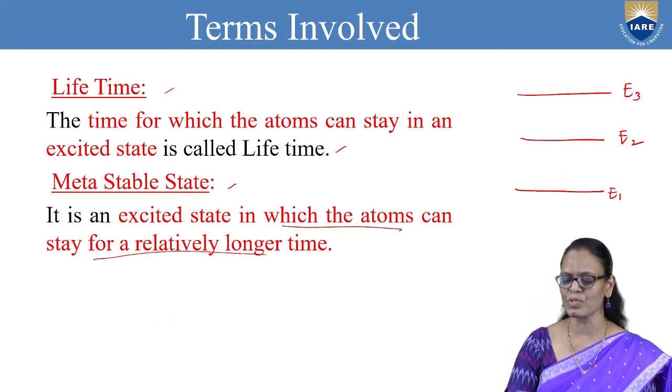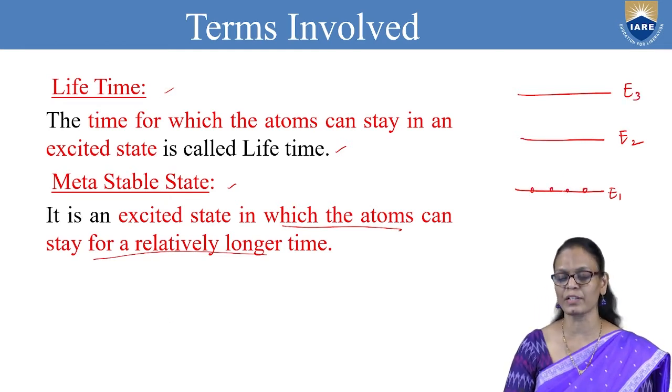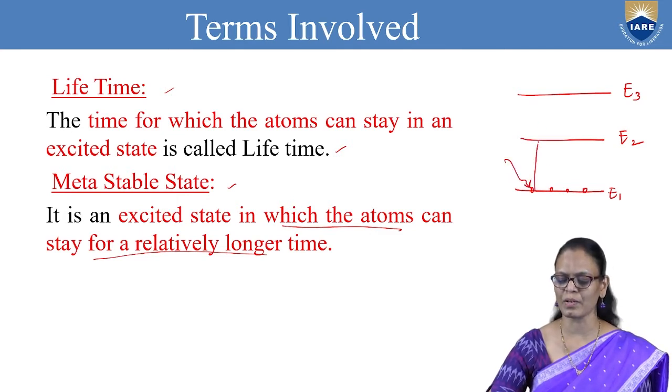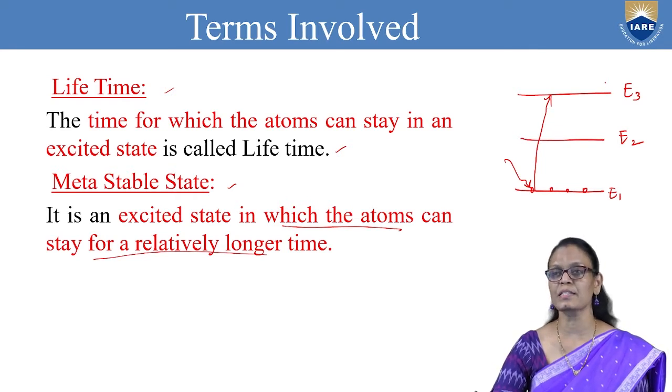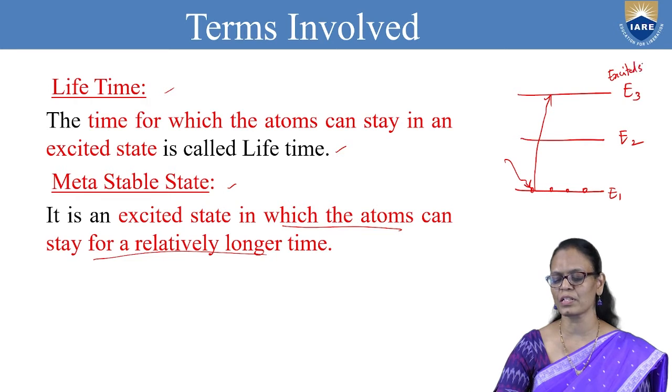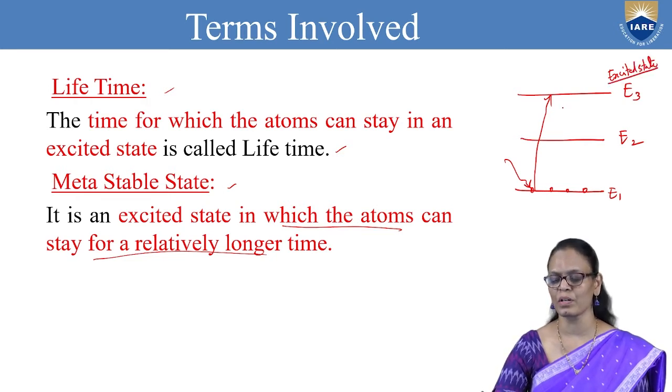So this is the ground state where the atoms are there actually. When we stimulate, say the atoms are going to the excited state. In this excited state, the atoms cannot stay for a longer time. Once the lifetime is over, they make transition to the ground state or to the next lower level.